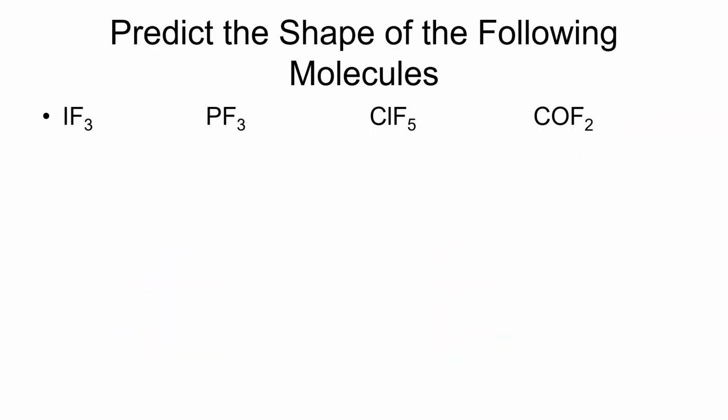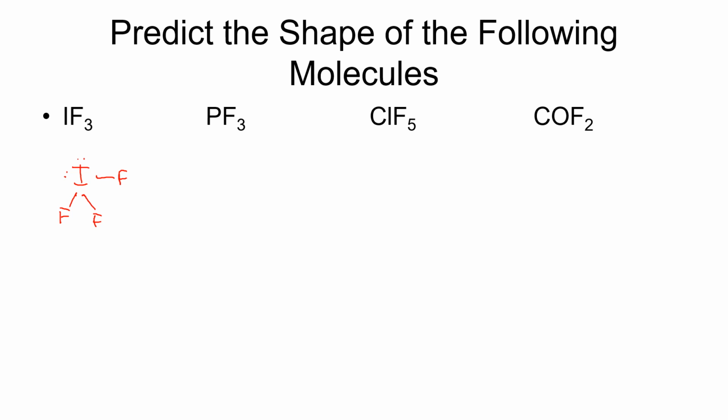All right, so let's predict some shapes here. So we got iodine and 3 fluorines. If you're not sure, you're just starting, it's good to draw out the Lewis structure first. And so you put your iodine down, and you got 1, 2, 3, 4, 5, 6, 7, and you got 3 fluorines. So you put fluorine here, and then you're going to have to promote one of these. And you're going to put 3 fluorines and 2 lone pairs.